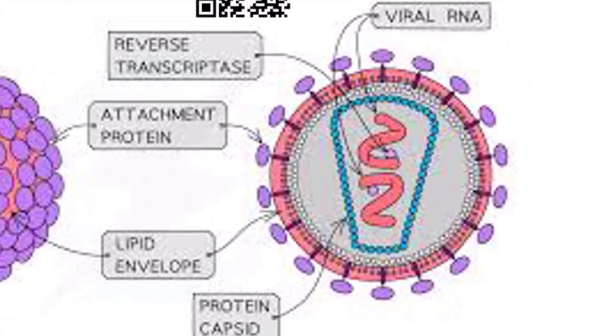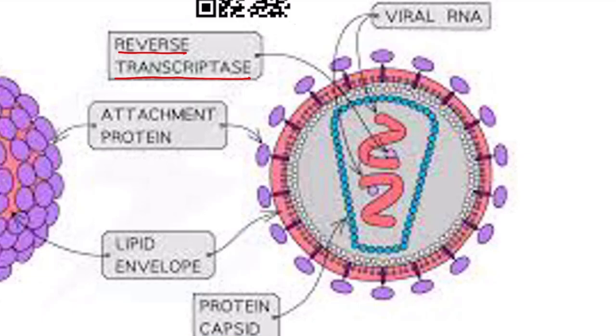However, we've got a virus particle over here. Now, in a virus particle, you have your reverse transcriptase, and the purpose behind the reverse transcriptase is to get the DNA copy and turn it into viral RNA. Okay, that's what it does. That's why it gets the body cell's DNA and converts it into a viral copy of the RNA that the virus normally has.